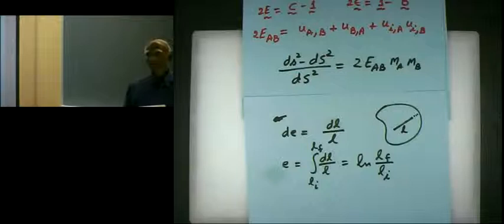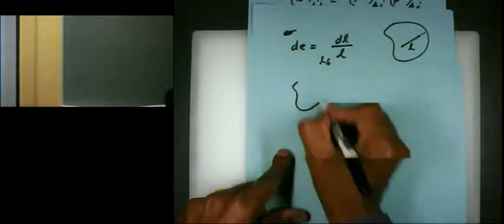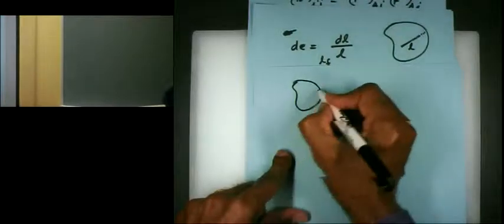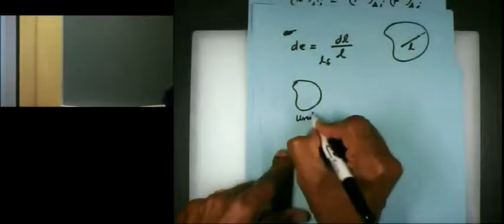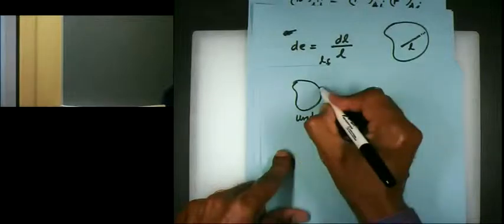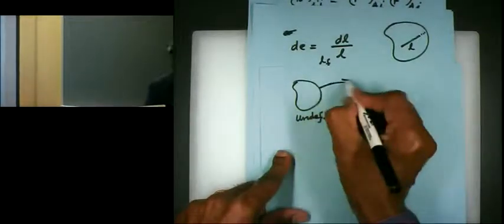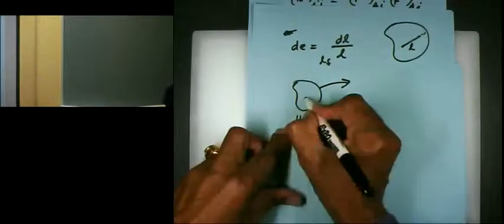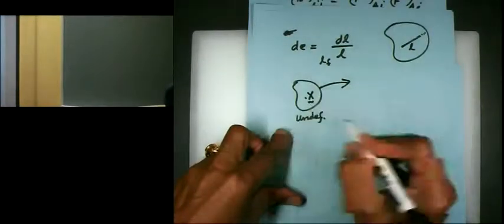Okay, now the question comes, if I'm using one of these definitions of large strains, what will happen if I take this body? So that's the undeformed state, and say I apply torque to it. So I apply torque or torsion. So the body goes here.